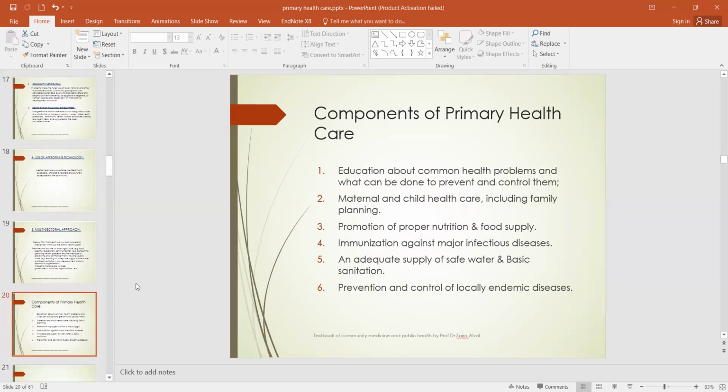Now comes the components of primary health care. Education about common health problems and what can be done to prevent and control them.